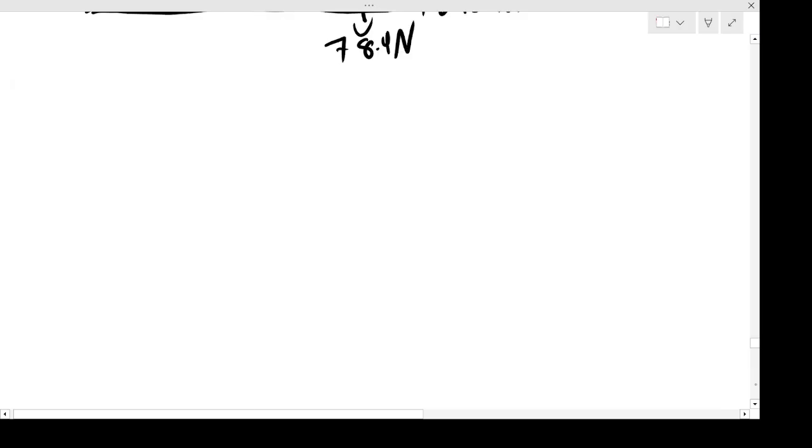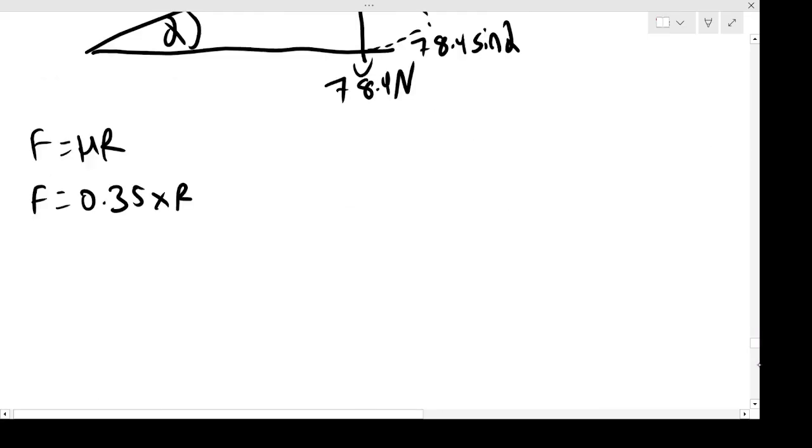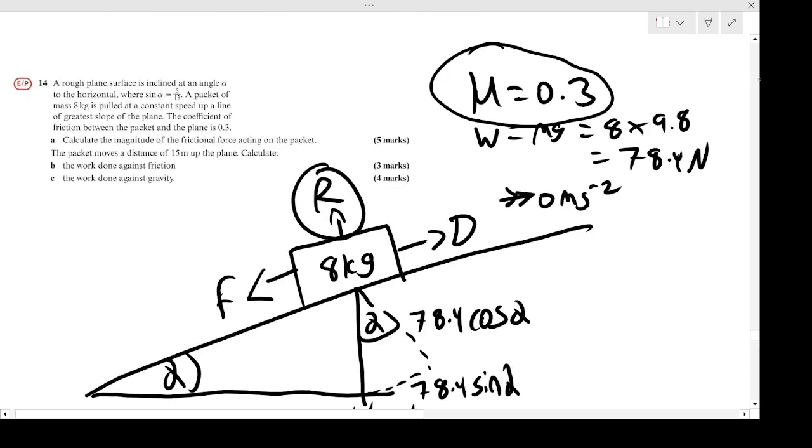So that tells me we're going to need to use F equals mu R. So F then is going to be mu, which is 0.3, times the reaction force. So we need to find the reaction force in order to find F. So what I'm going to do then is look at resolving perpendicular, in this direction. So firstly, I've got my reaction force.